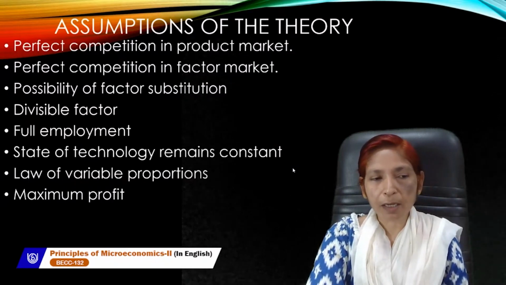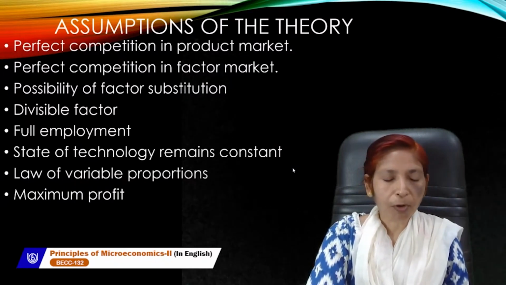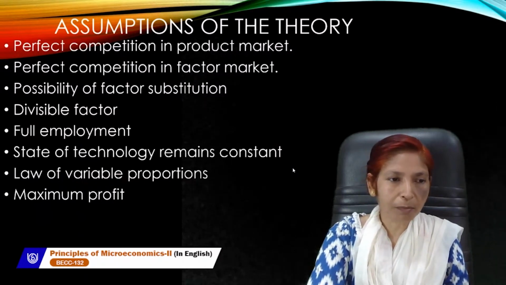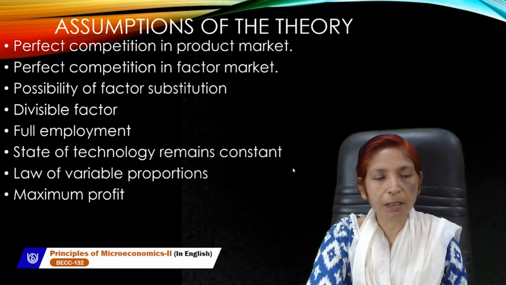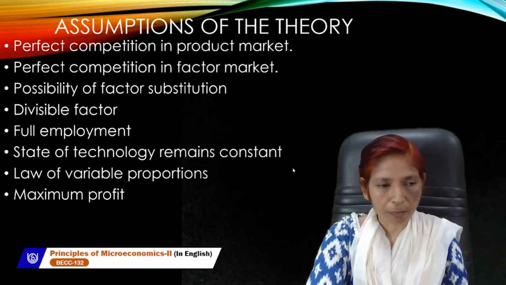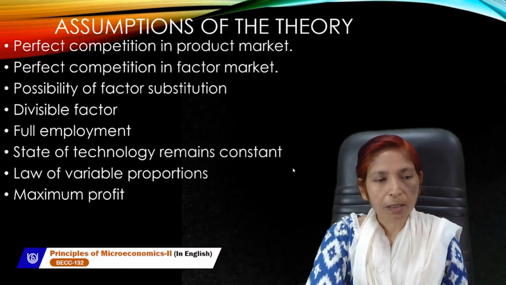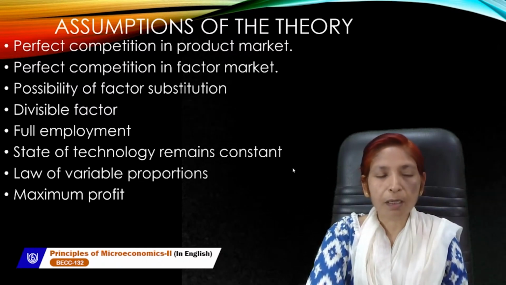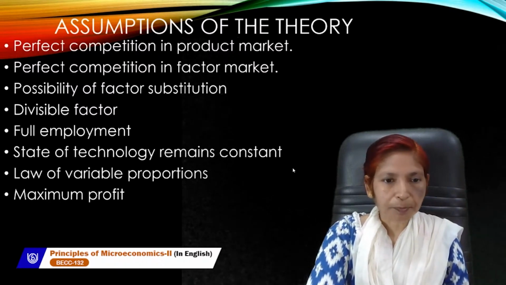And J.B. Clark assumed that full employment exists in the economy, which is a very unrealistic assumption because full employment can't exist in each and every economy, either developed or underdeveloped. Full employment is a rare condition. But J.B. Clark assumed it.